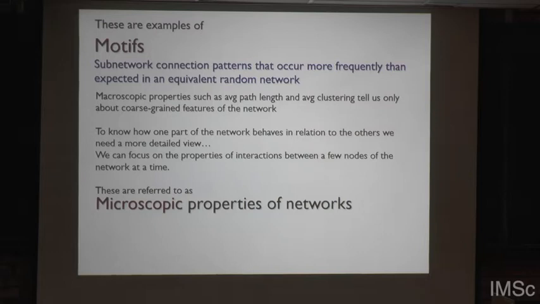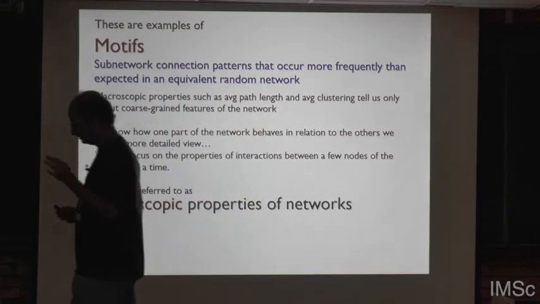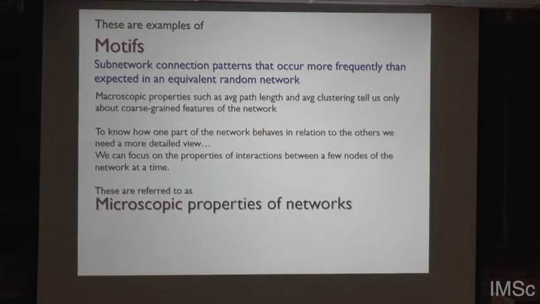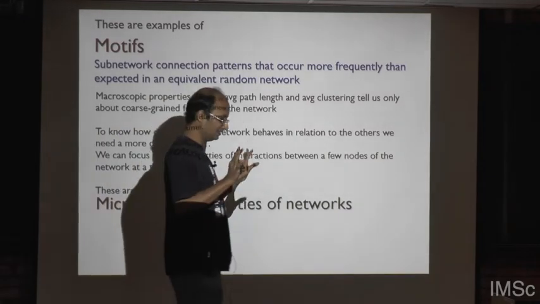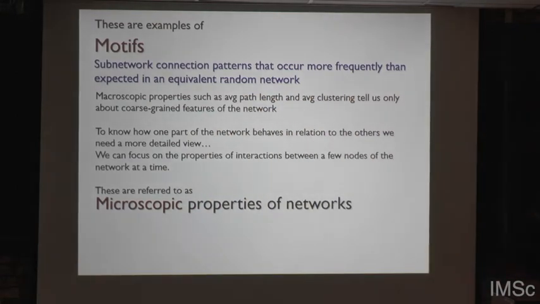And this essentially, like for example some of the other things that I talked about, like betweenness centrality and so on, is an example of a microscopic property of a network. Okay. So whenever you think of a network, realize that it could have properties which are manifested at very different scales.